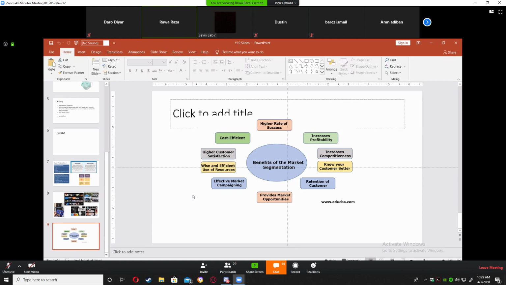So let's say part of your marketing is to hand out brochures to people, like handouts, you wouldn't give it to a 9-year-old if your product is for old people, right? In that case, you did not waste resources. You know who your customers are. So in doing market research, in doing marketing, in doing advertisements, you would focus on that segment of the market and you wouldn't be distracted by other segments of the market. Okay?